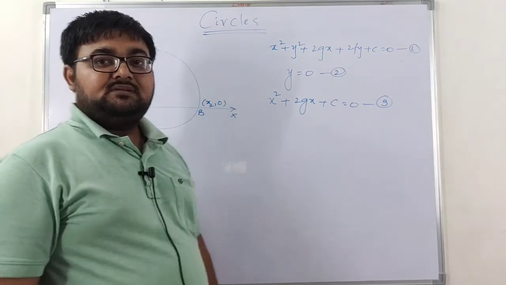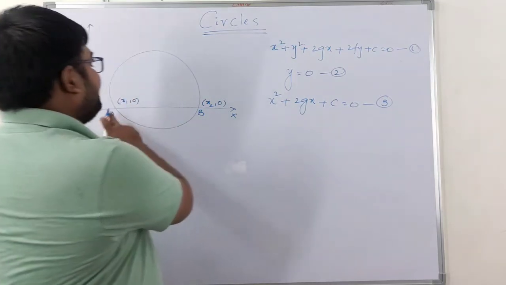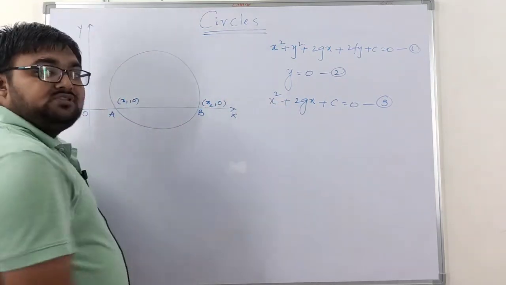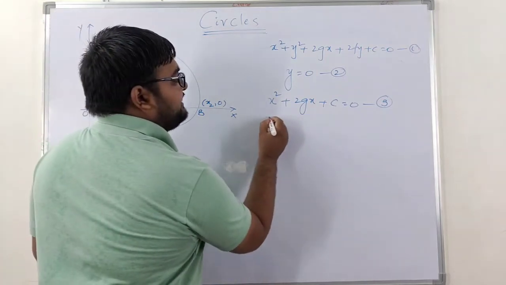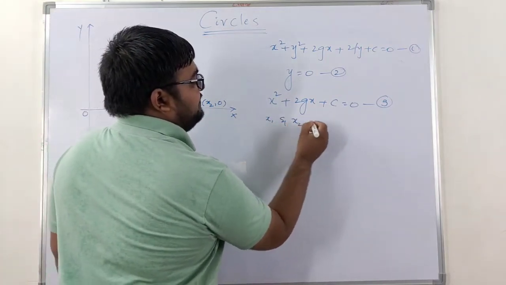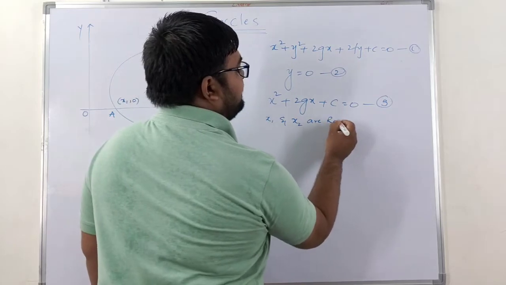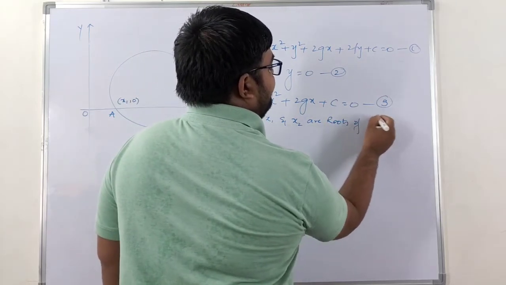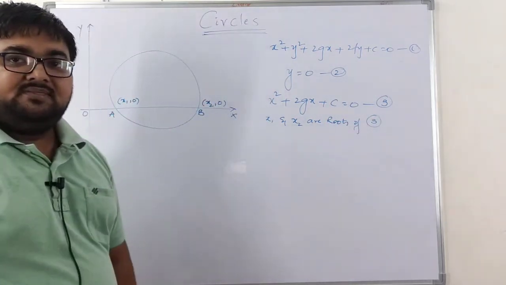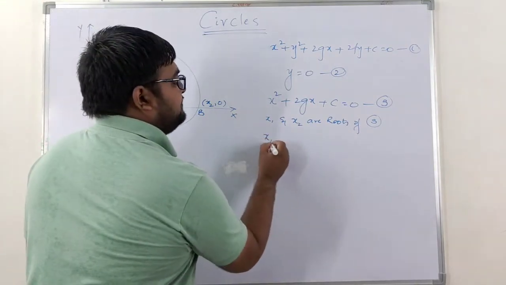Now x1 and x2 are the roots of equation number 3. Then I can use the sum of roots.